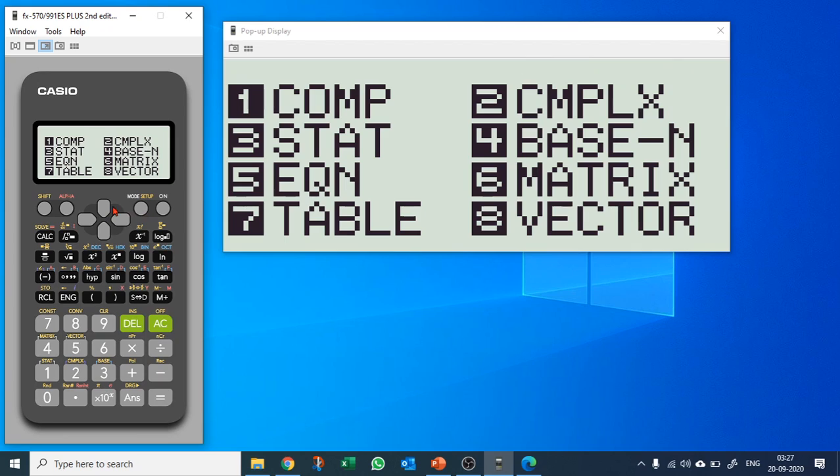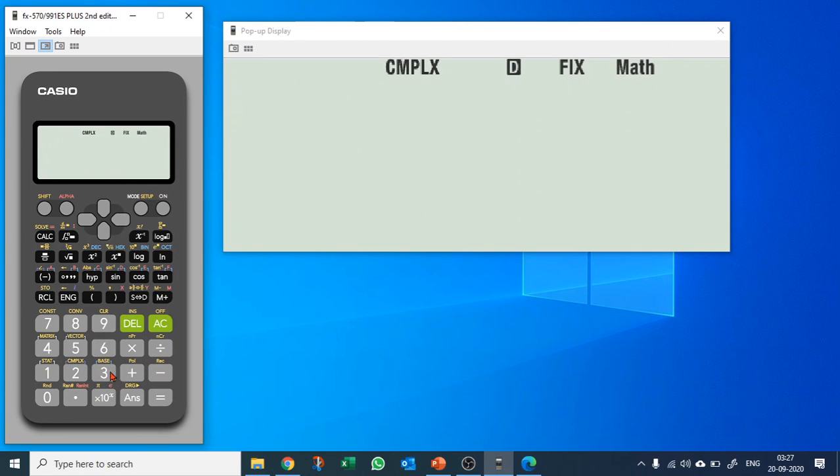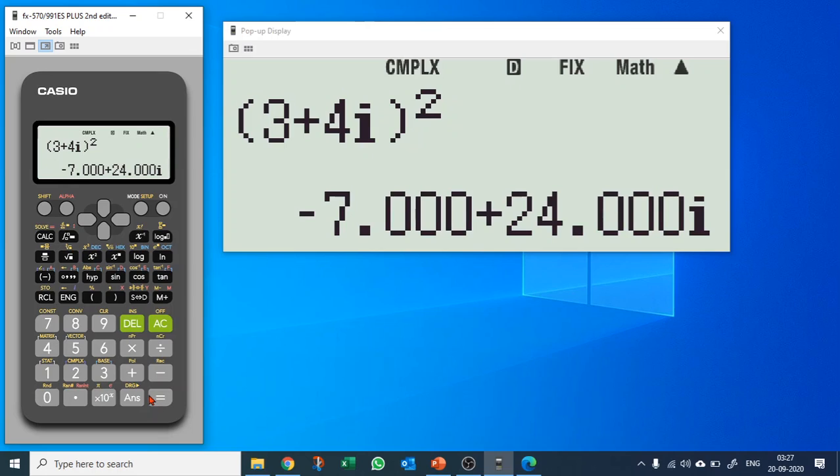So let's change to mode and go to complex. Now 3 plus 4i, or if you would like to square it, let's say. Basically that gives you the option of what kind of complex calculation you would like to do, a plus bi or rectangular, or polar.